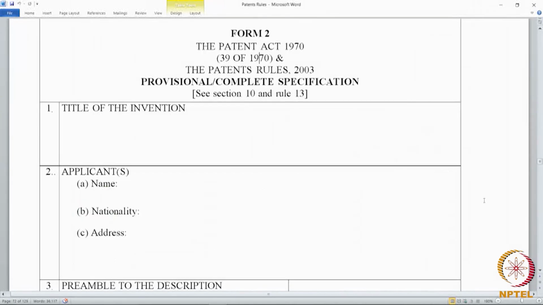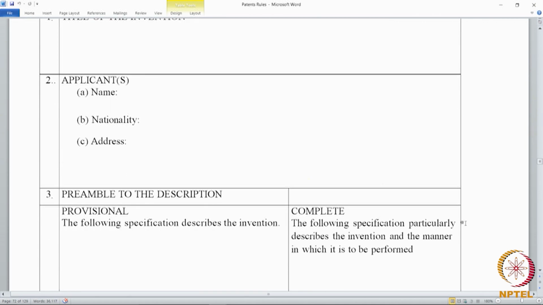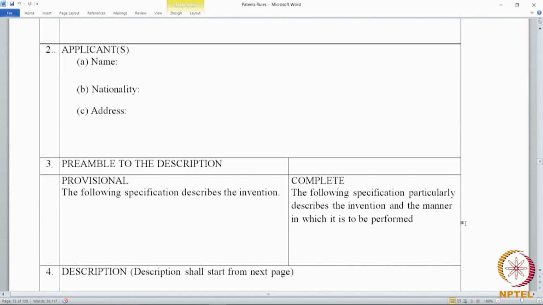Now, clause 3 of form 2 describes the form that has to be used for filing a provisional or a complete specification. In clause 3, you find the distinction between the provisional and the complete. Clause 3 mentions the preamble to the description. In the case of a provisional, the preamble, that's the starting part of the document, will read as follows: the following specification describes the invention.